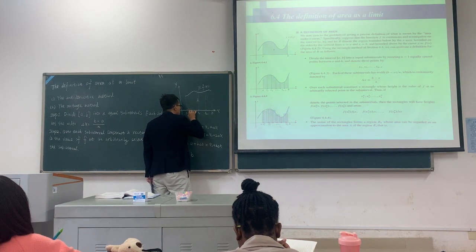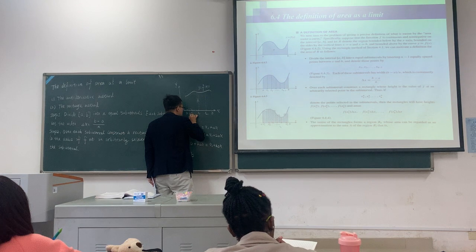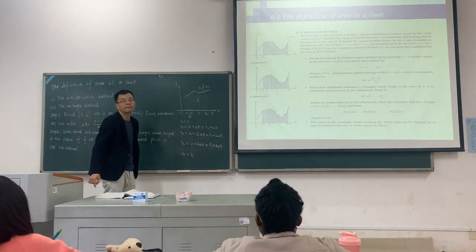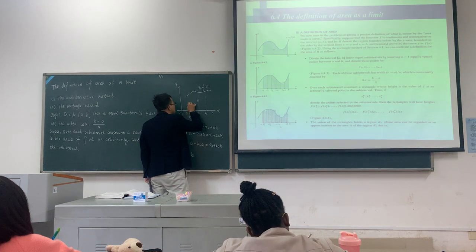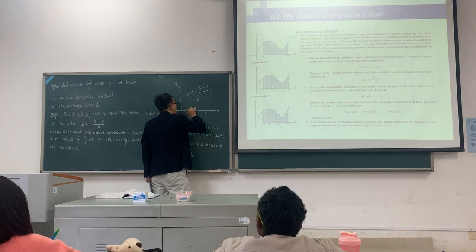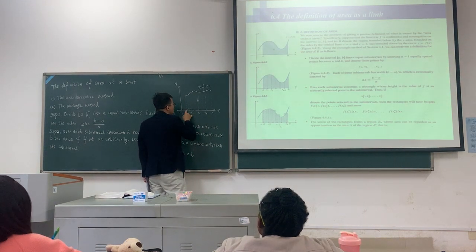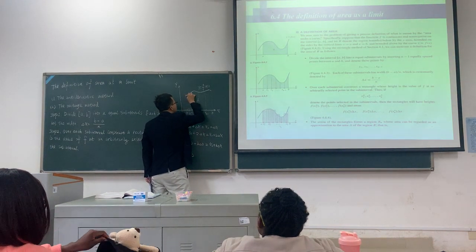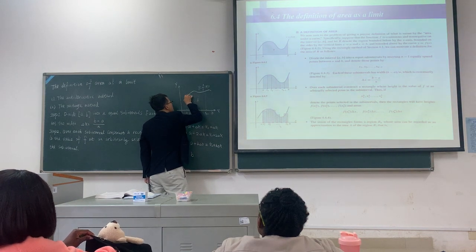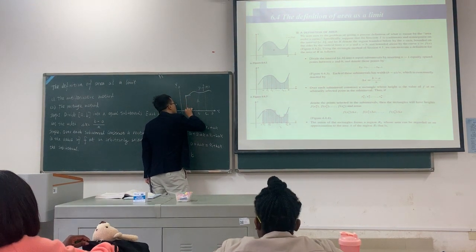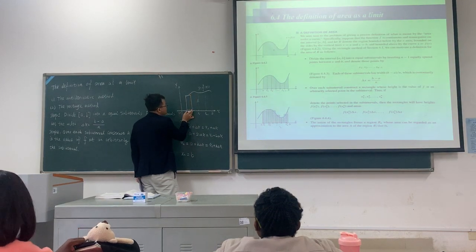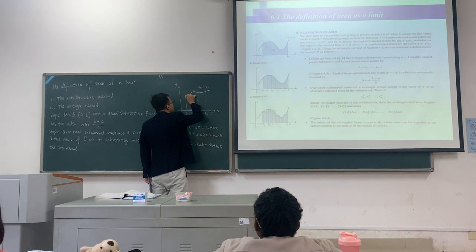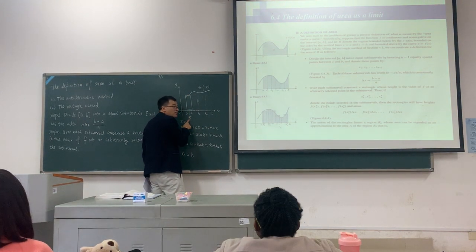This point we denote by x1 star. So we use the value of f at x1 star as the height. So the first rectangle: the width is delta x. The height is f of x1 star.